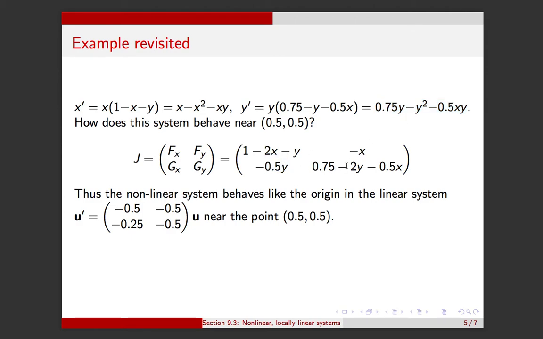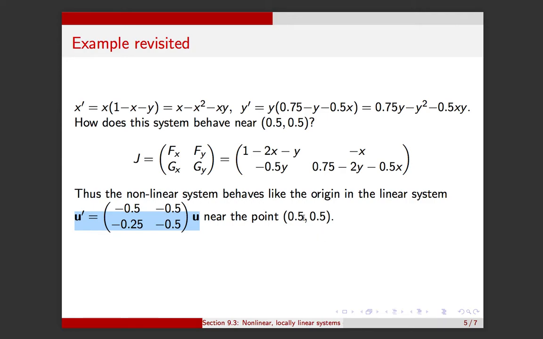Here's the y partial. So once you have this matrix, notice there are x's and y's all over the place. So you can plug in a half for x and a half for y, and you will get this linear system here. So how does this nonlinear system behave around this point? The answer is it looks just like this picture from section 9.1, but at the origin.